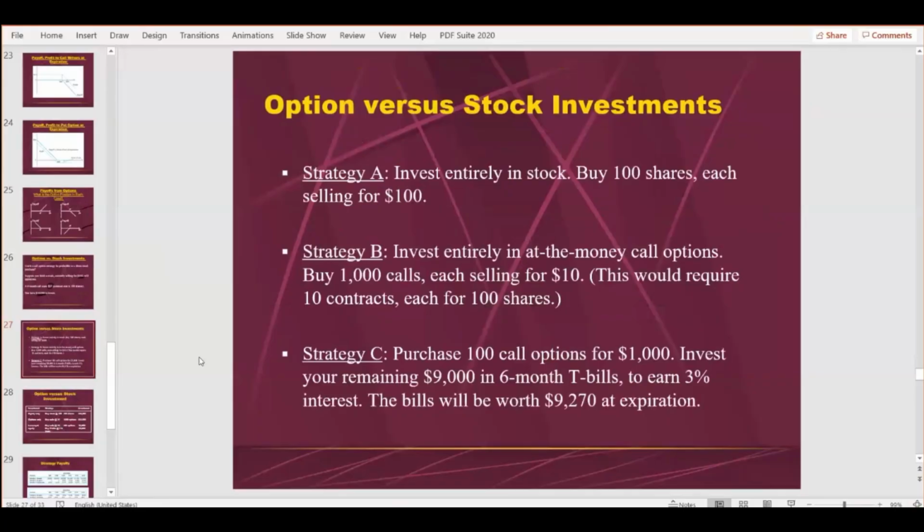Here we are considering 3 strategies. The first strategy is a full investment in the stock. I have $10,000, the stock price is 100, so I can buy 100 shares. The second strategy, strategy B, is to invest entirely in at the money call options. This means I'm buying call options with a strike price X equals $100.